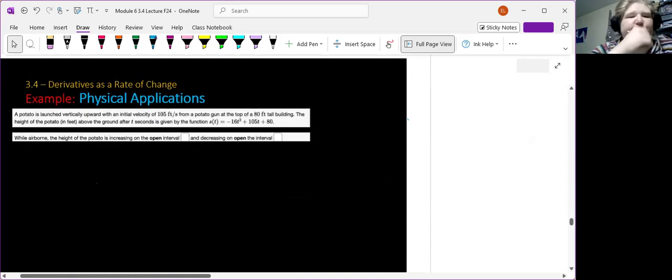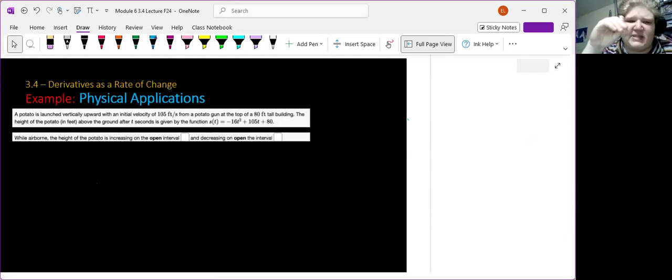All right. So we have the same potato, all the same numbers. But now our question is, while airborne, the height of the potato is increasing on the open interval blah and decreasing on the open interval blah. Okay, so when the height is increasing, which direction is it going?